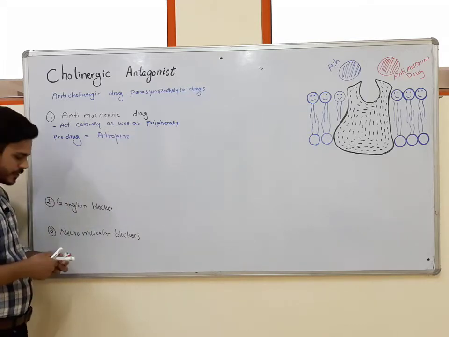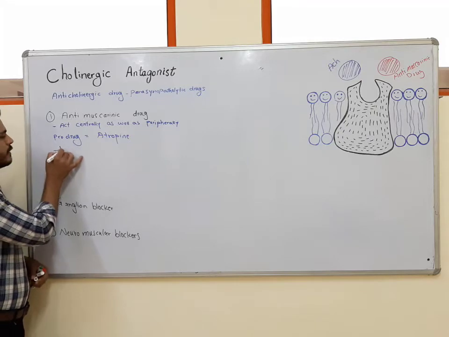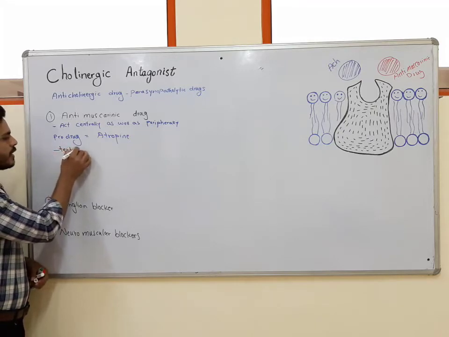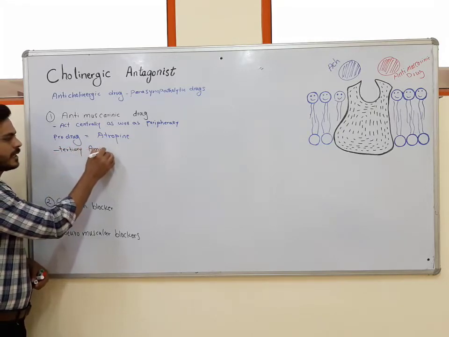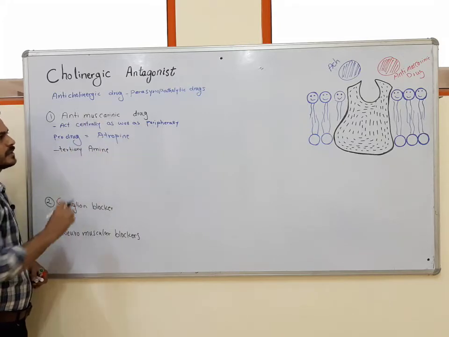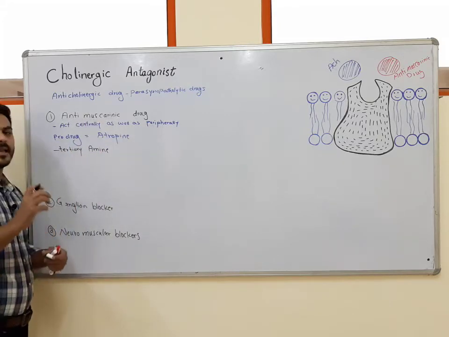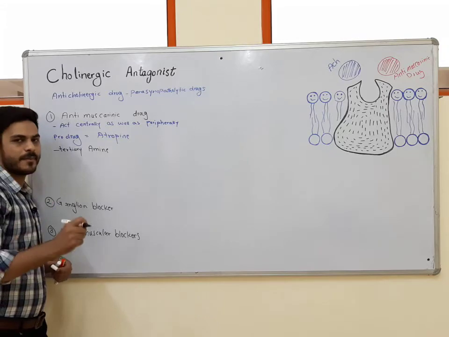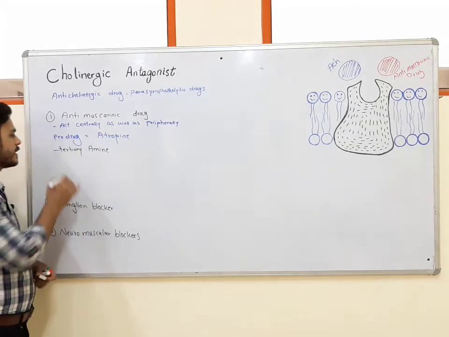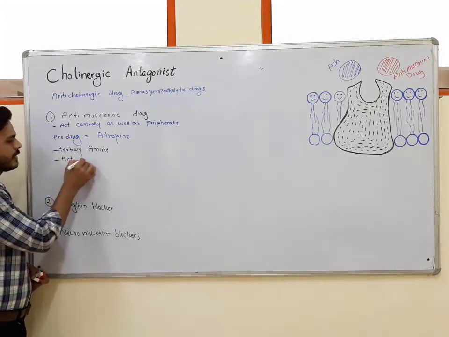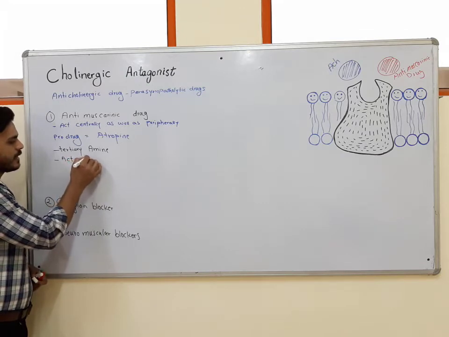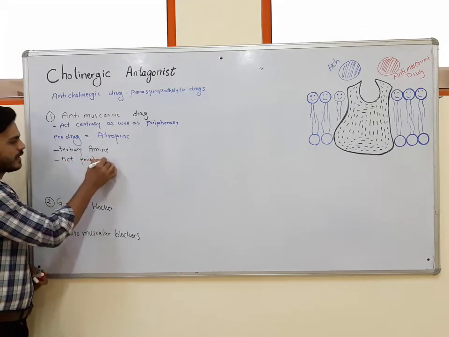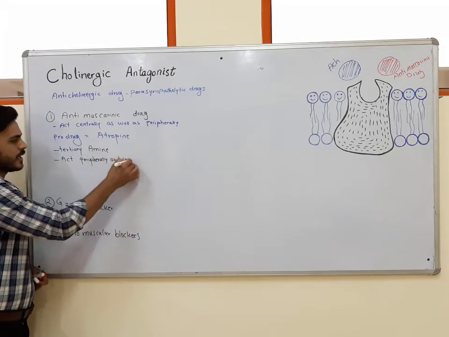Atropine is a tertiary amine which can act centrally as well as peripherally. It means that it can block all 5 subtypes of muscarinic receptor, acting peripherally and centrally.